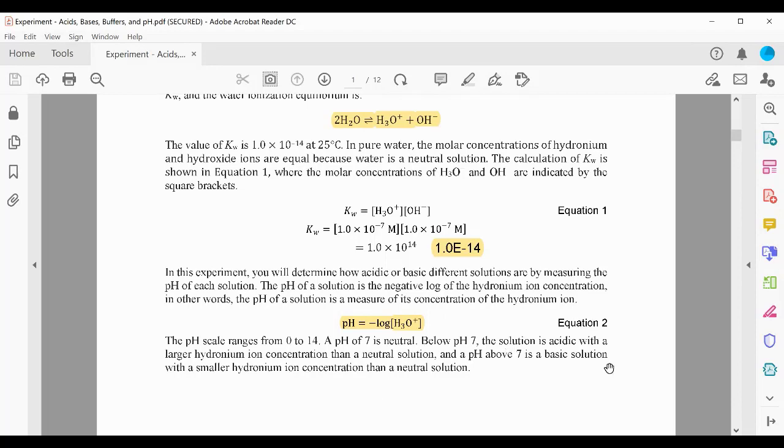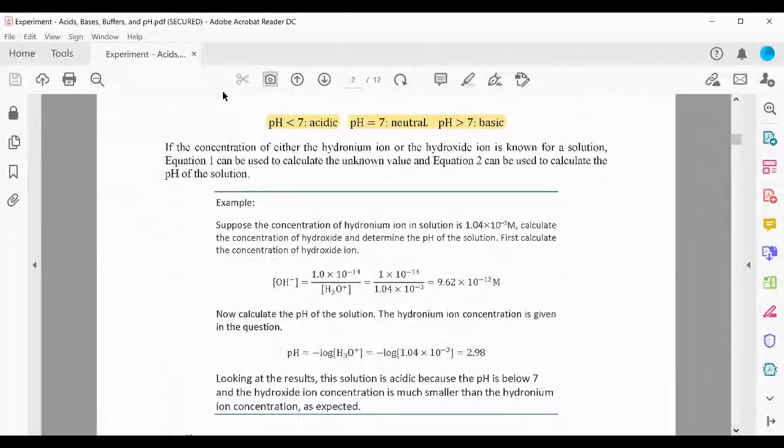And here they are talking about if the pH is higher than 7, it's going to be basic, and if the pH is lower than 7, it's going to be acidic. That is something that you will have to know by heart.